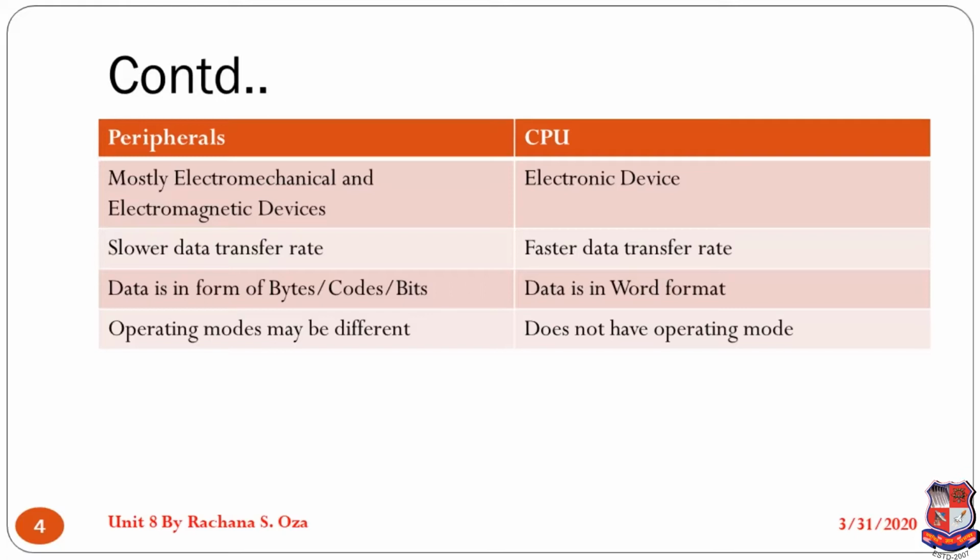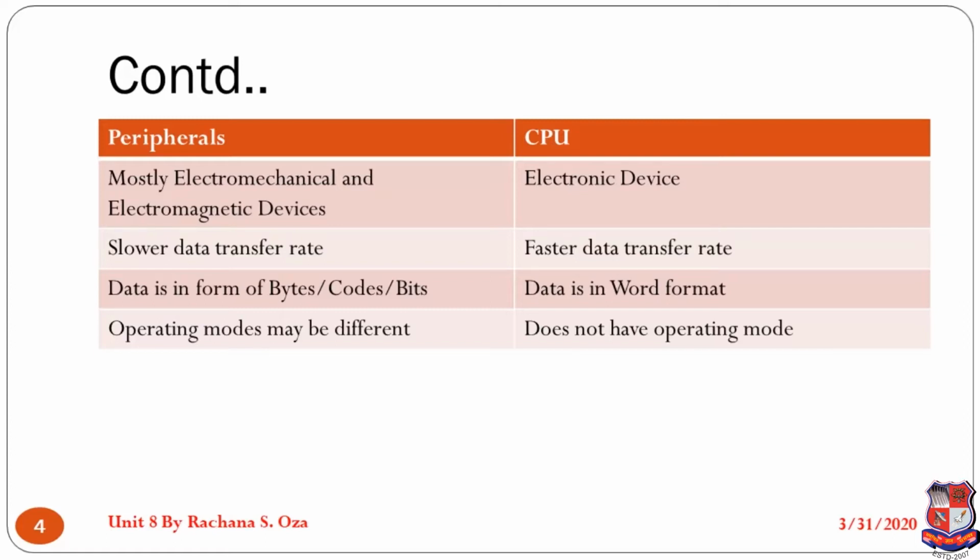Now the next point is peripheral devices are very small devices in size, so they have the capacity to transfer data in the form of bytes or codes or bits, while the CPU generally has the instruction format in a particular architecture, so it mostly prefers the word transfer format.